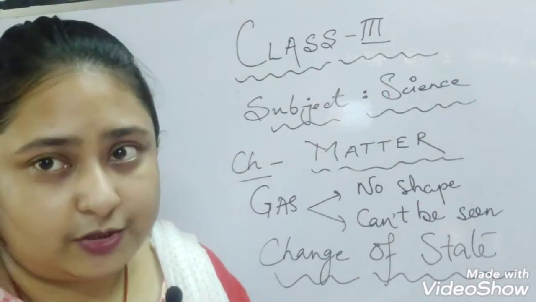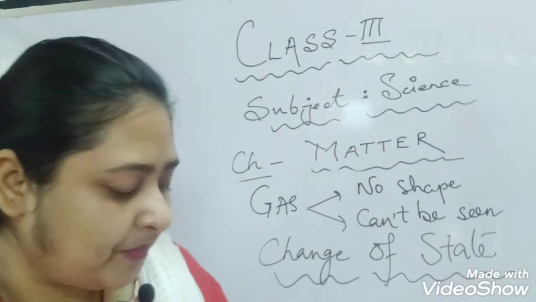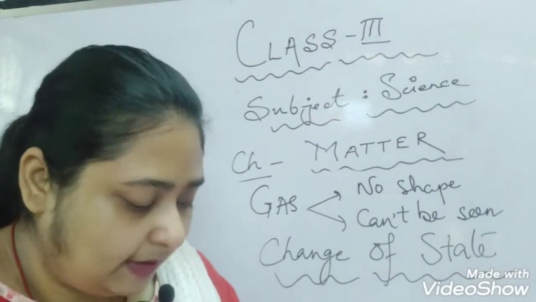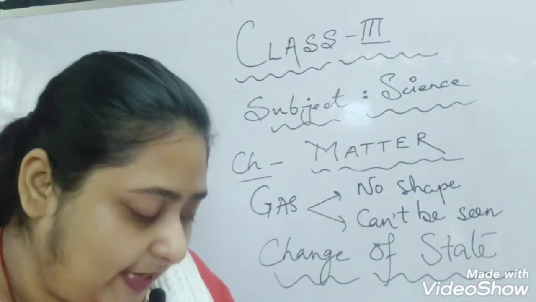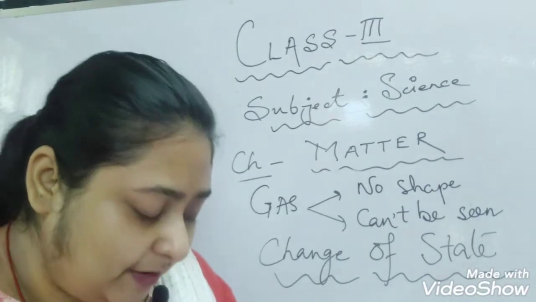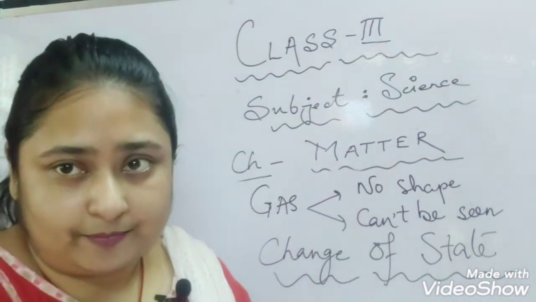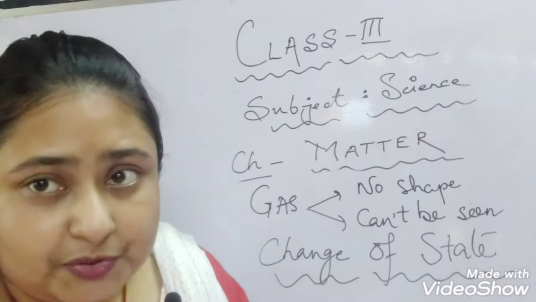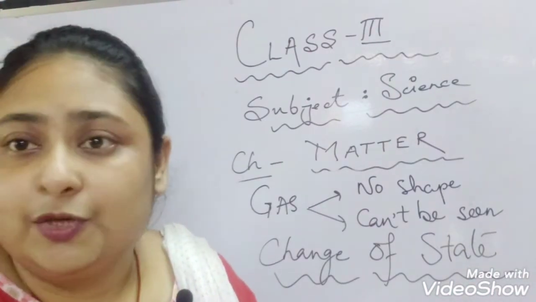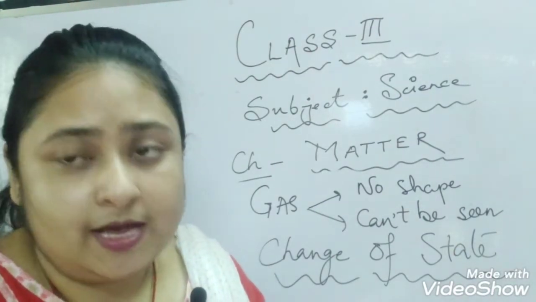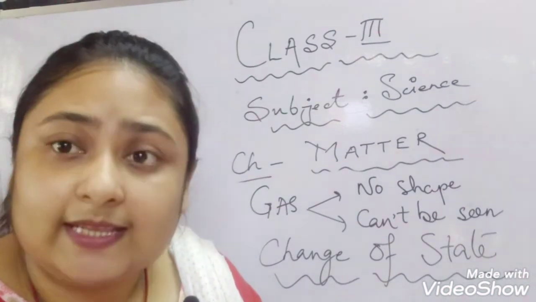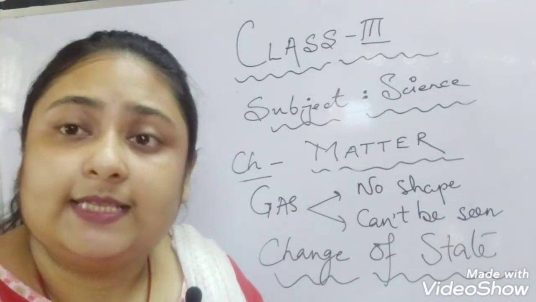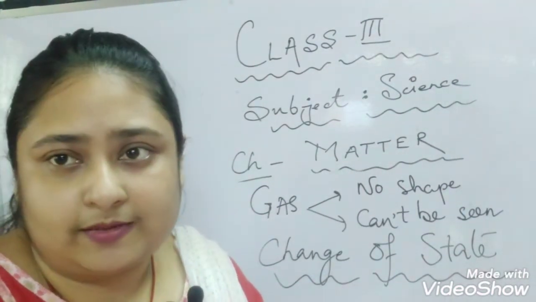Our next feature of gas is that gases cannot be seen. We can feel them and even smell some of them. So children, gases have a unique feature, that is, we cannot see them, but they take up a particular space.